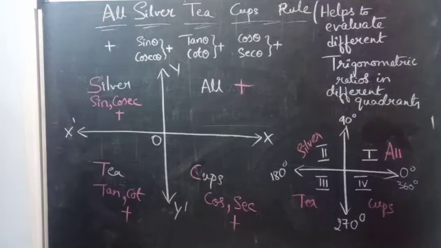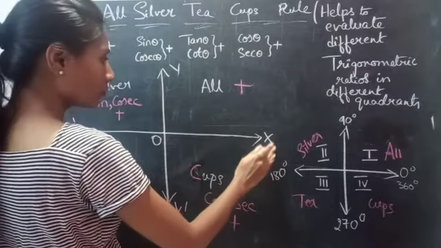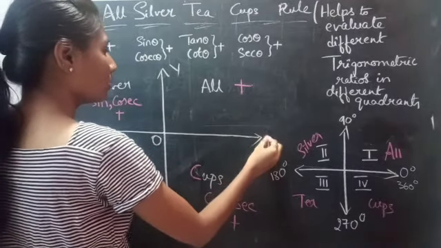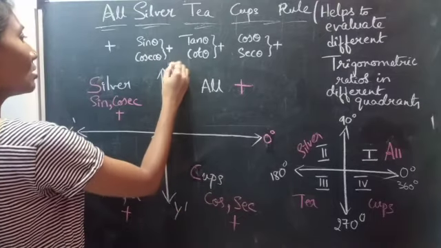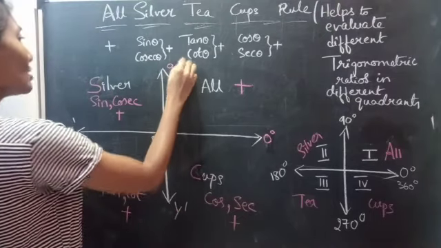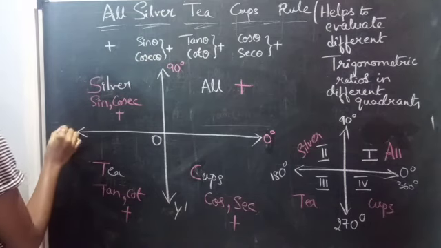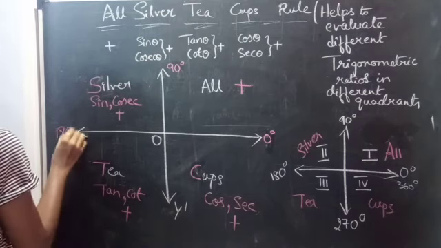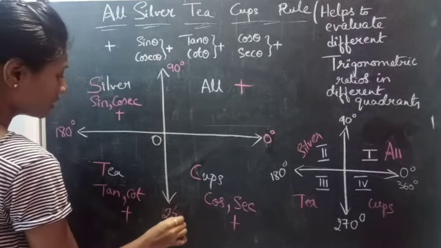Now let's see degrees: 0 degrees, 90 degrees, 180 degrees, 270 degrees.